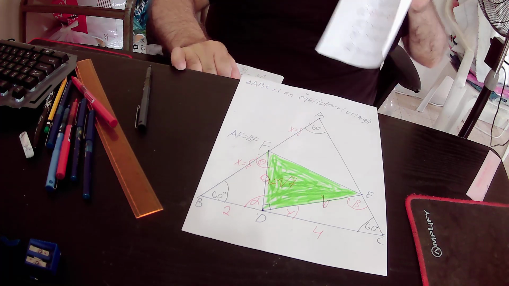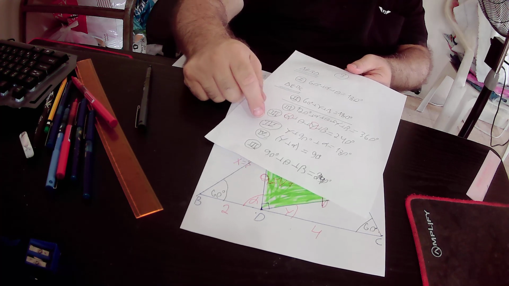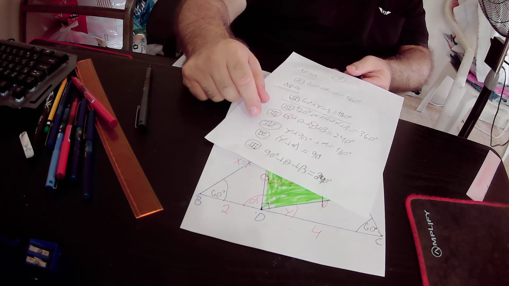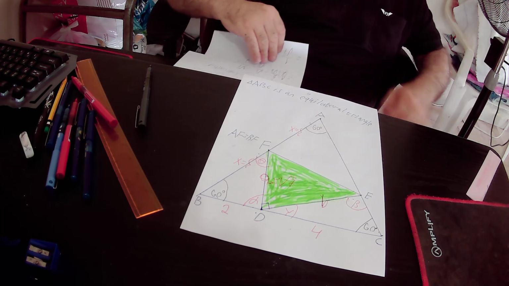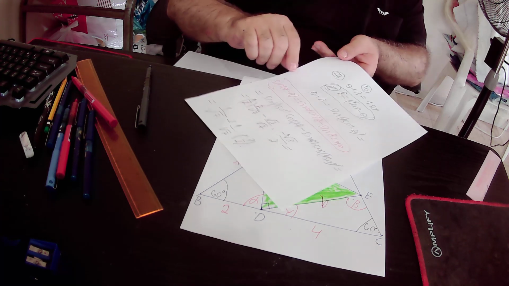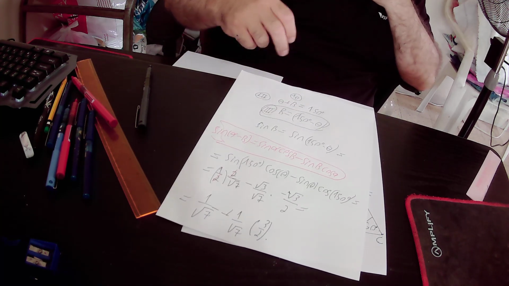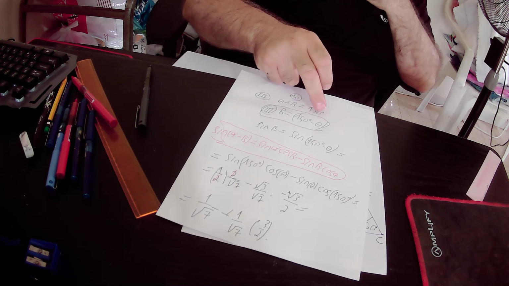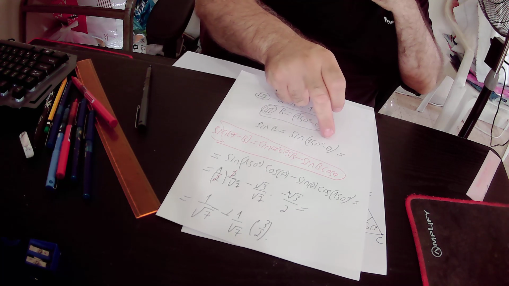So this was the fourth equation, and after we solved equations number 3 and 4, we found out that beta equals 150 degrees minus theta, and if beta equals 150 degrees minus theta, then sin beta equals sin of 150 degrees minus theta.